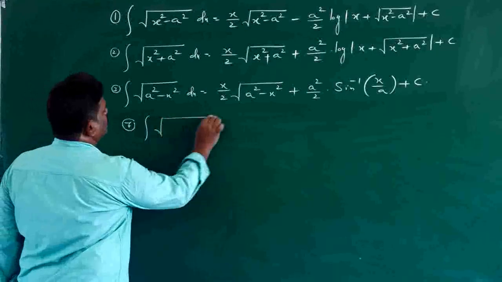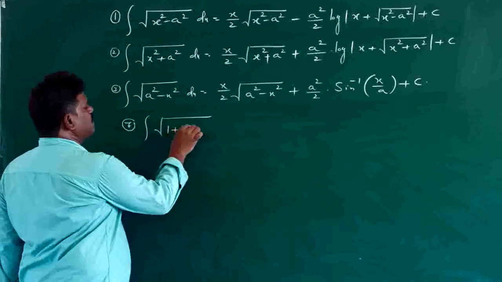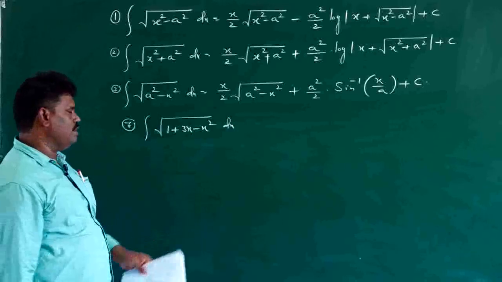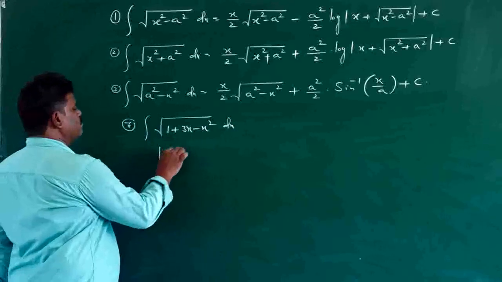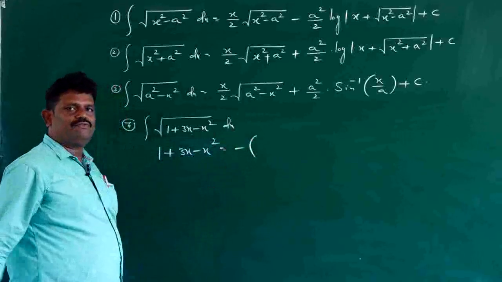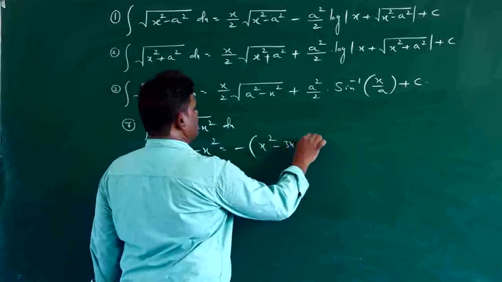Integral of square root of 1 plus 3x minus x square dx. This is the same model already explained. So 1 plus 3x minus x square, we take minus of x square minus 3x minus 1.